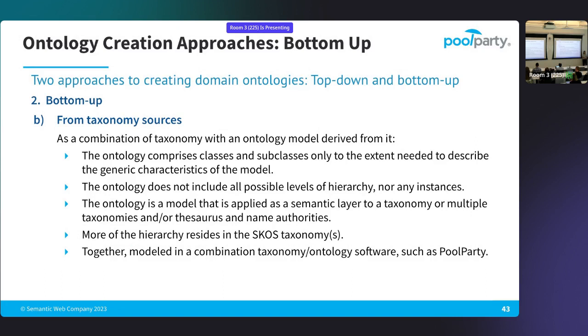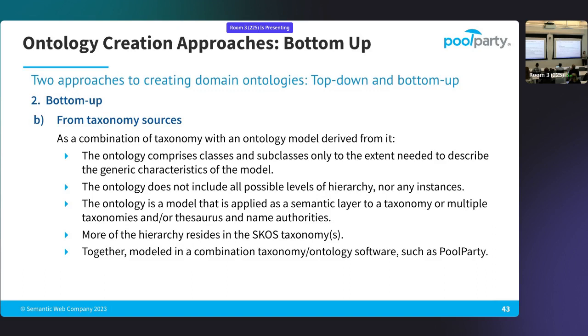The ontology then, what's modeled as an ontology, includes the classes and subclasses only to the extent needed to describe the generic characteristics of the model. That means properties that need to be defined for the business model, whether they're semantic relations or attributes. The ontology does not include all levels of the hierarchy nor all instances.